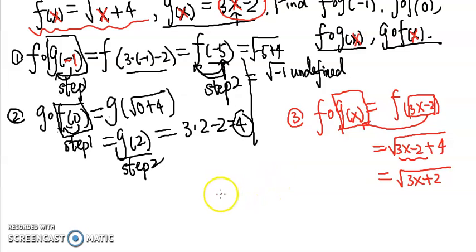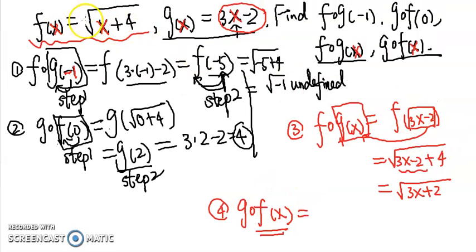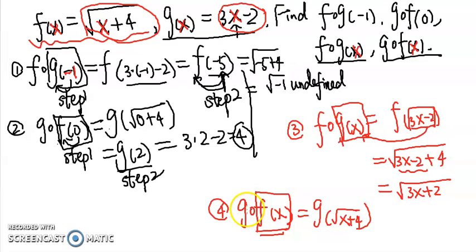And now let's look at the other one. What if we switch them? Step 1, we find what f of x is, which we can just copy from here. That's f of x, so this whole thing can be replaced by the square root of x plus 4. We keep g because we haven't worked on g yet.